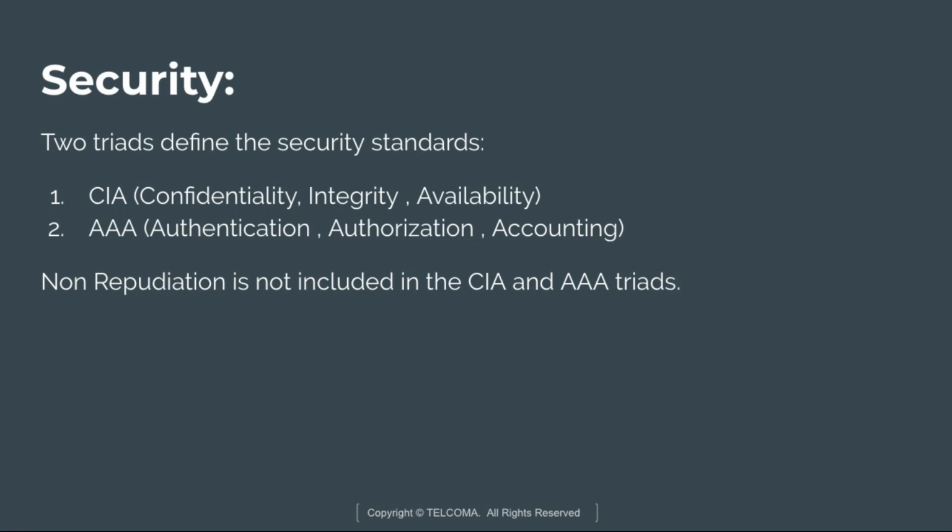Whereas integrity means any changes to transmitted or stored information can be detected. After that, availability means the information in question is readily accessible to authorized users at all times. It means whether it is accessible or not at all times.